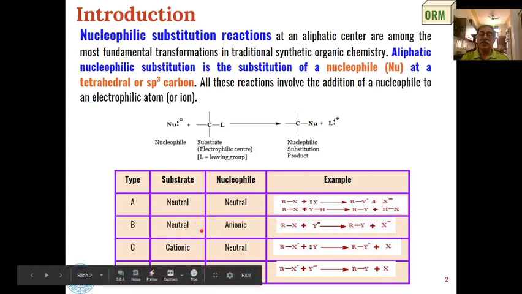Similarly, the second category is where the substrate is neutral but the nucleophile is an anion. This is the most common one which we have seen in many cases.